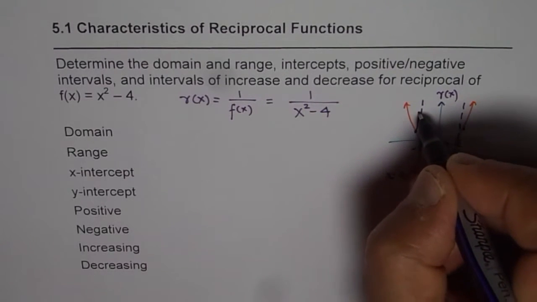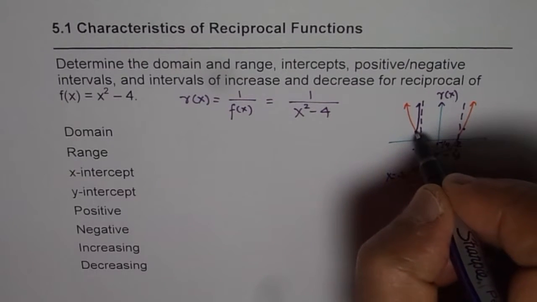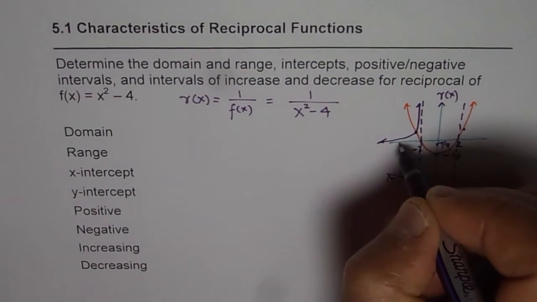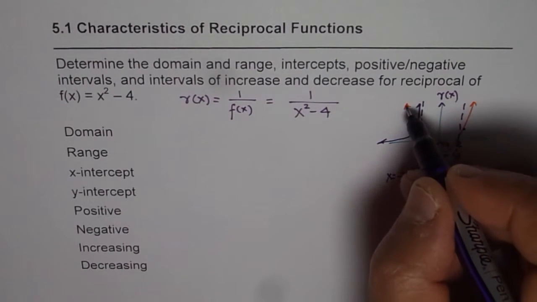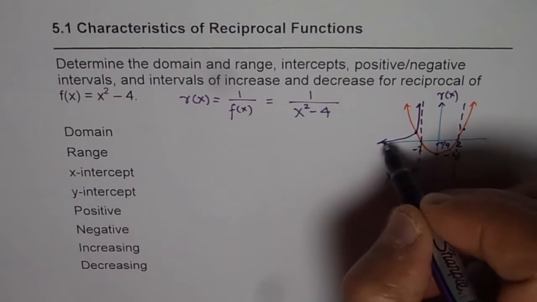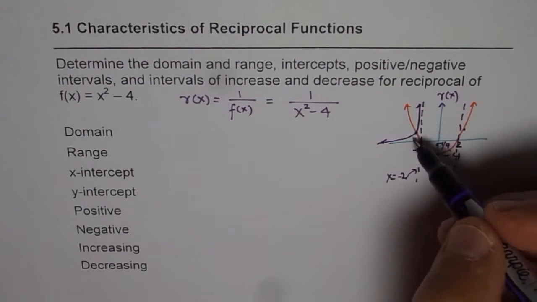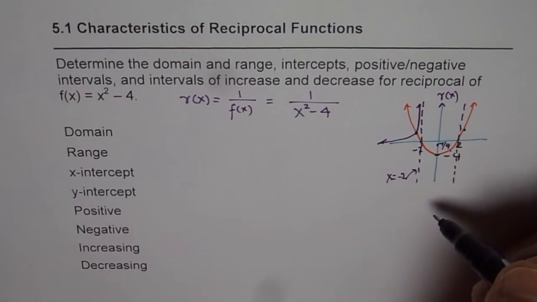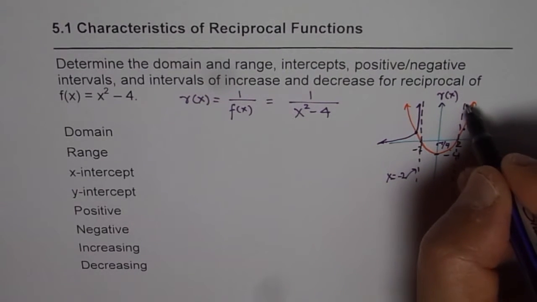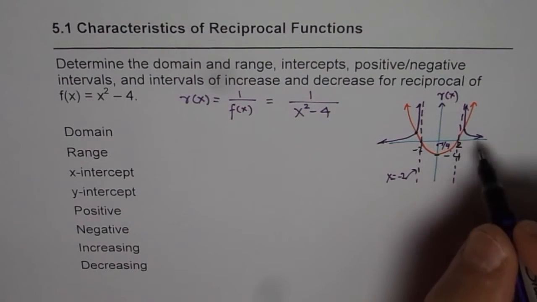So the graph of the reciprocal will be like this, like a 1 over x curve. As the function increases, the reciprocal value decreases. If the function decreases, the reciprocal increases. As the function approaches 0, the reciprocal approaches infinity. That is how it is. So similarly, let me draw both sides of this graph, right?